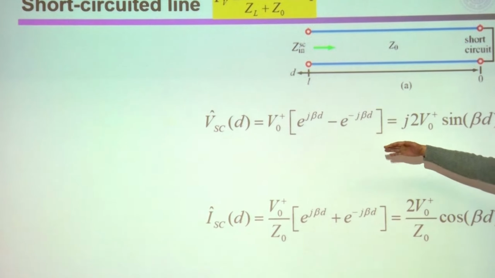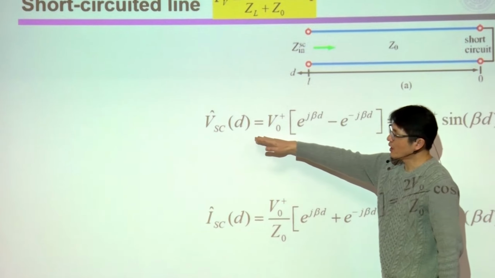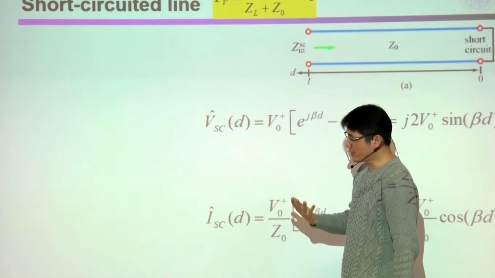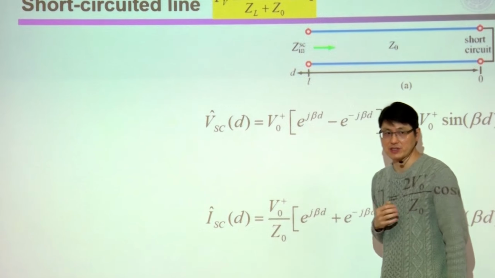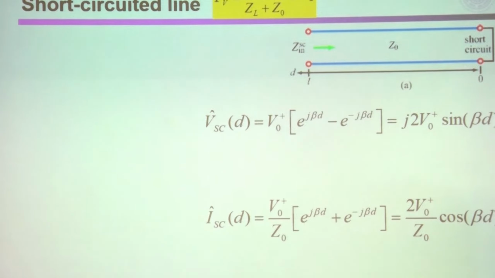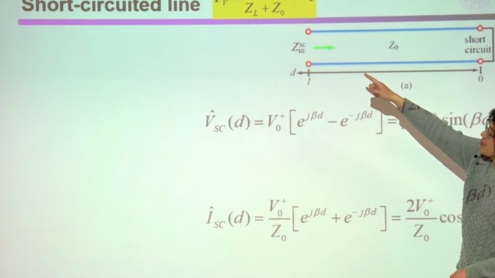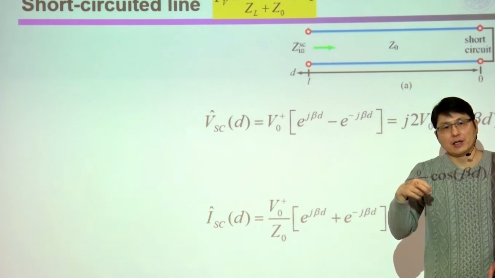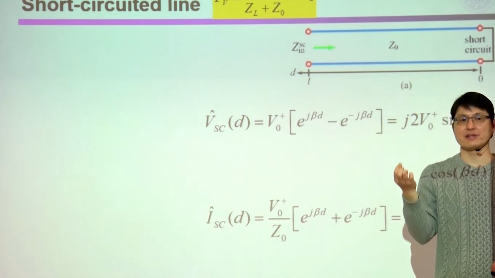This is something we know already. We know how to write the total voltage phasor as a function of space, and we also know how to write it down for the current phasor as well. By short, gamma V is now -1, because your load impedance, ZL, is 0.